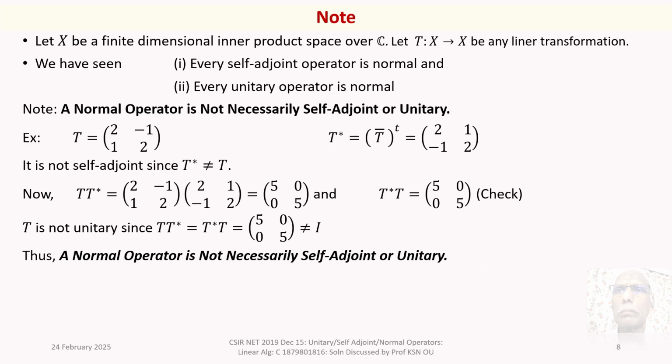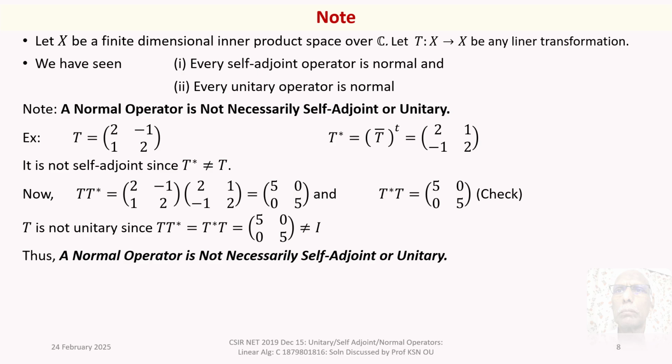And as I have been advising you, whenever you see a problem, note the concepts and theorems that you have used in the question. In this question: what is an adjoint operator? What is a self-adjoint operator? What is a normal operator? What is a unitary operator? How are they related?